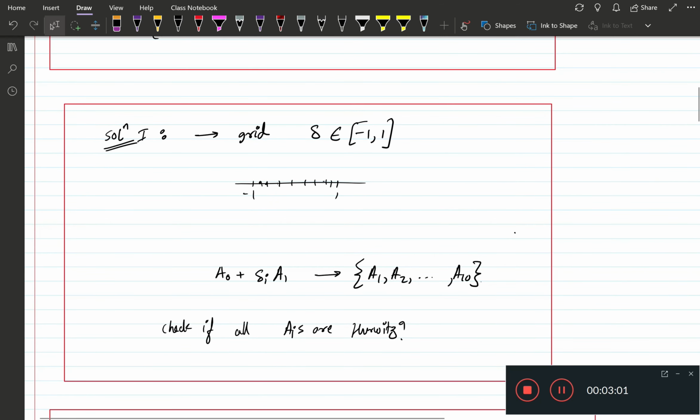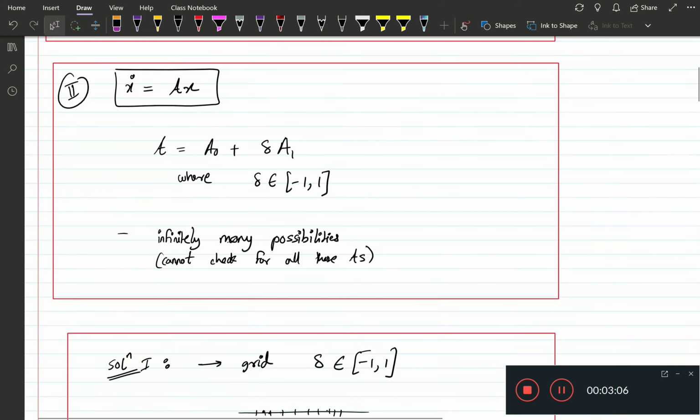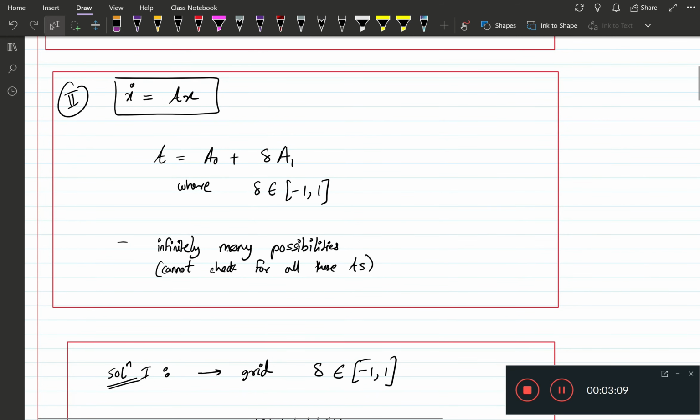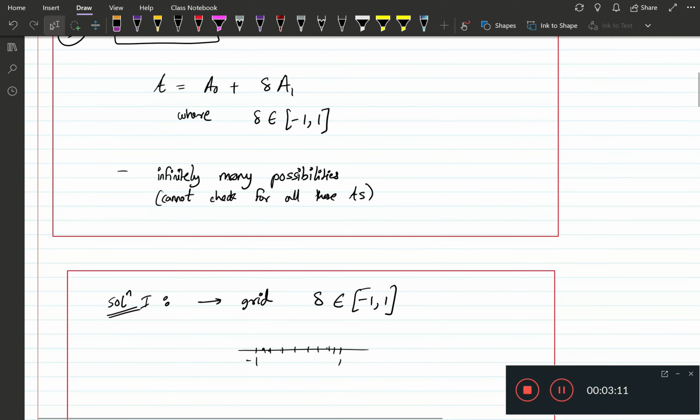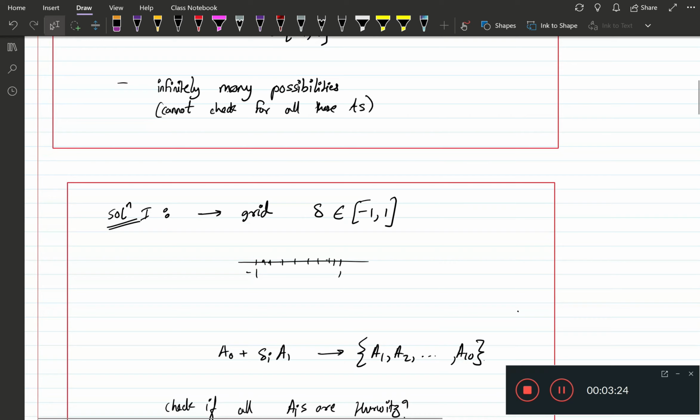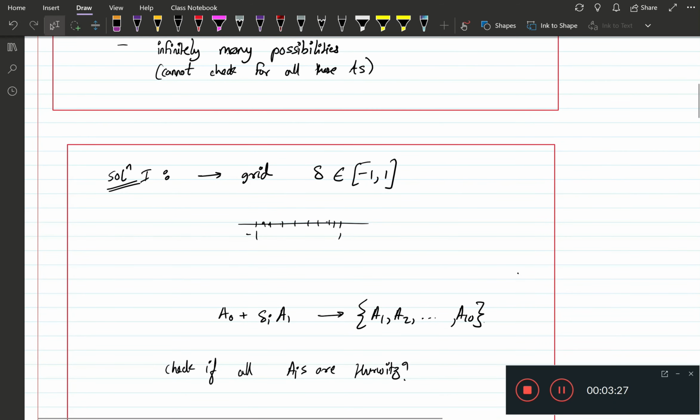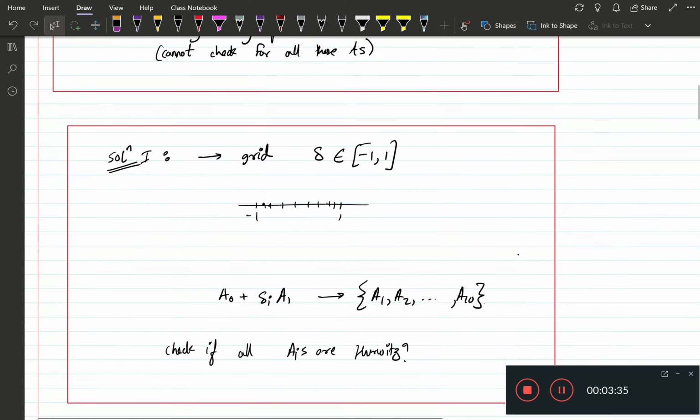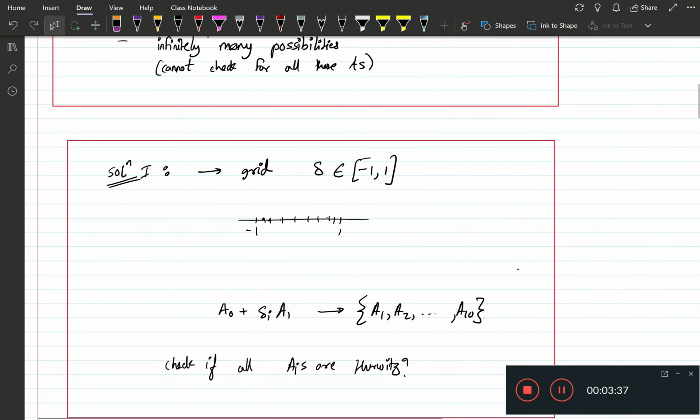So the first solution could be obtained by gridding the parameter delta. We see that delta belongs to this closed interval -1 and 1. We could grid it such as here. So here we have 1, 2, 3, 4, 5, 6, 7, 8, 9, 10 grid points between -1 and 1, and on each of these grid points we could calculate the value of A. So we would then have 10 possibilities for the A matrix in this system, and then we can check if all these A's are Hurwitz.